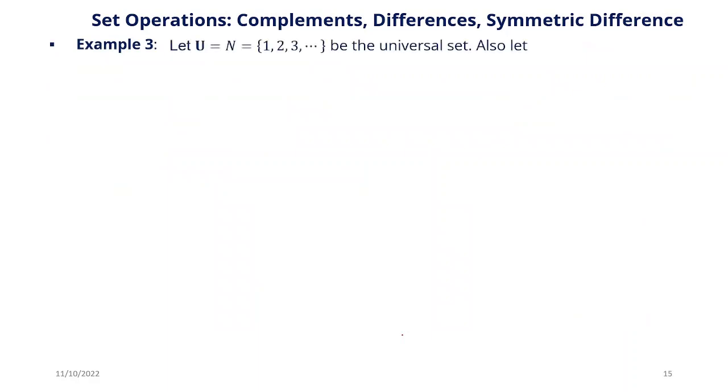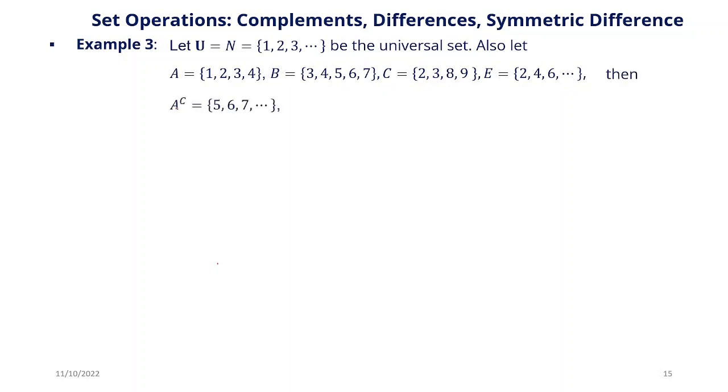Okay, let's look at an example. Let U be this universal set. So our universal set is the set of natural numbers 1, 2, 3, 4 up to infinity. Also, we define the following sets: A equal to 1, 2, 3, 4, B equal to 3, 4, 5, 6, 7, C equal to 2, 3, 8, 9, and E equal to 2, 4, 6.